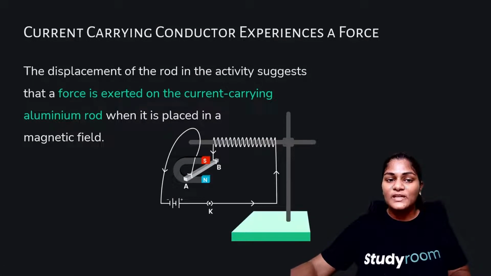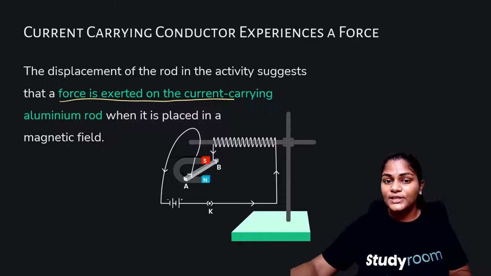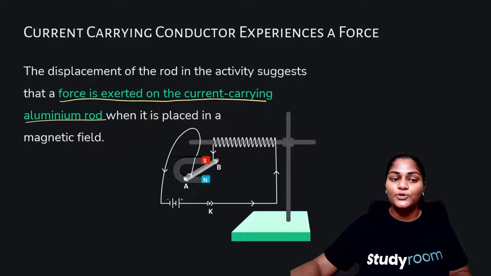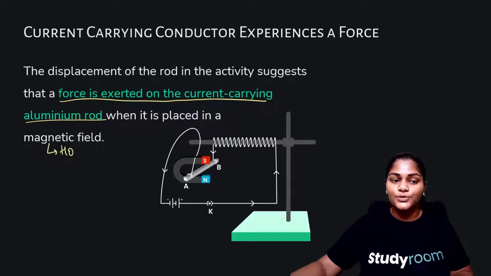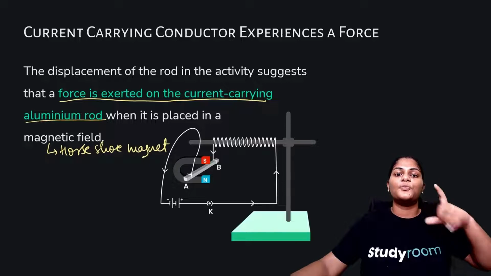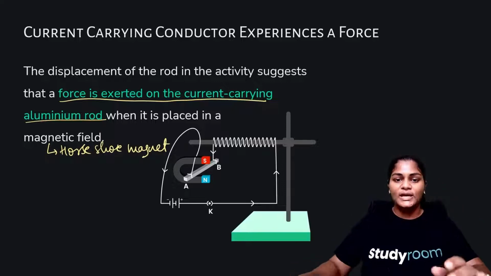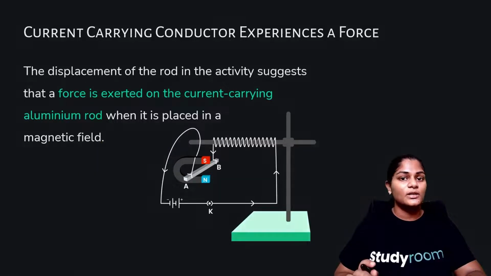It says the displacement of the rod in the activity suggests that a force is exerted on the current carrying aluminium rod when it is placed in a magnetic field. This magnetic field is due to the horseshoe magnet, right? Because it was placed between the north and south pole of the horseshoe magnet. Okay. So we know this much, that it experiences a force.